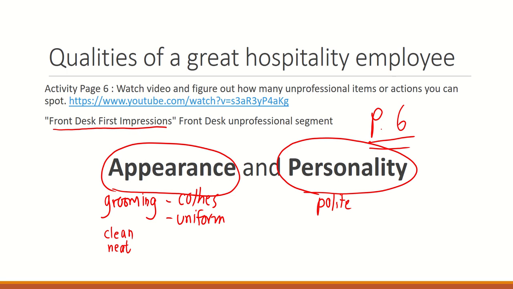What kind of qualities make a great employee? Be polite, and have a service mind. Now we are talking about the hospitality industry, so for sure having a service mind is the most important factor, right?